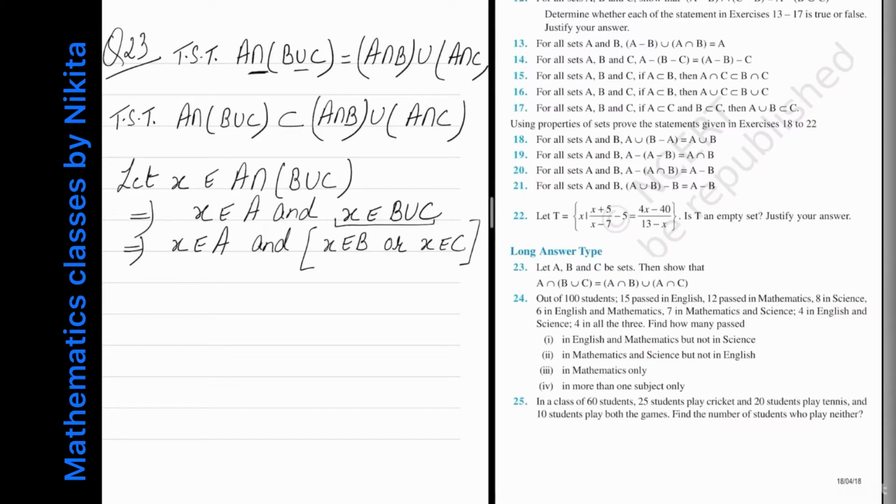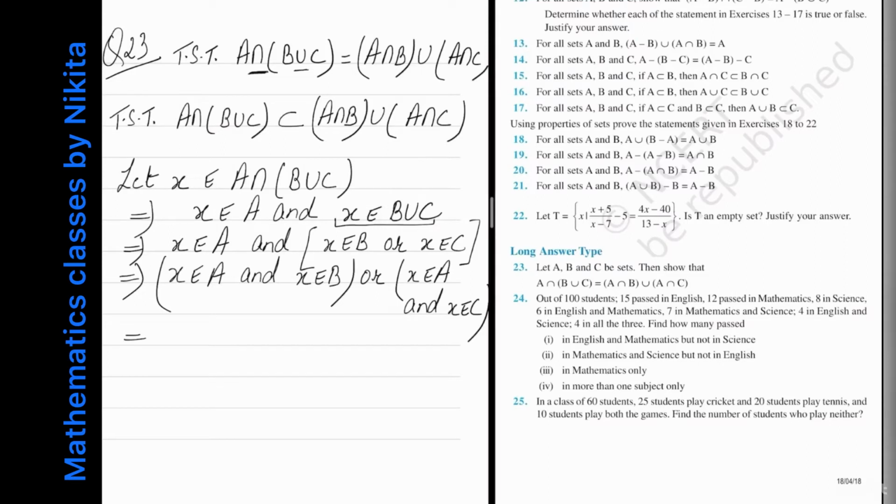Now see, this whole statement can be written as x belongs to A and x belongs to B in a bracket, then or x belongs to A and x belongs to C.